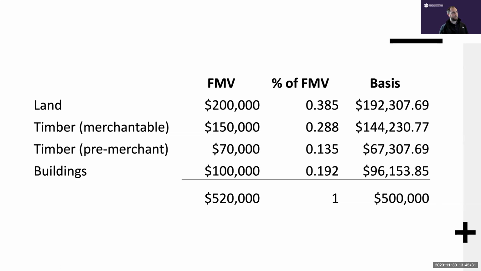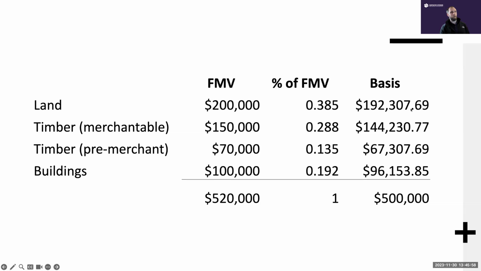And so I created these fair market values: 200,000 for land, 100,000 for buildings, and 220,000 for the timber, both the merchantable and the pre-merchantable. So we take the percentage, say 200,000, of how much of that makes up that 520, which gives us 0.385.